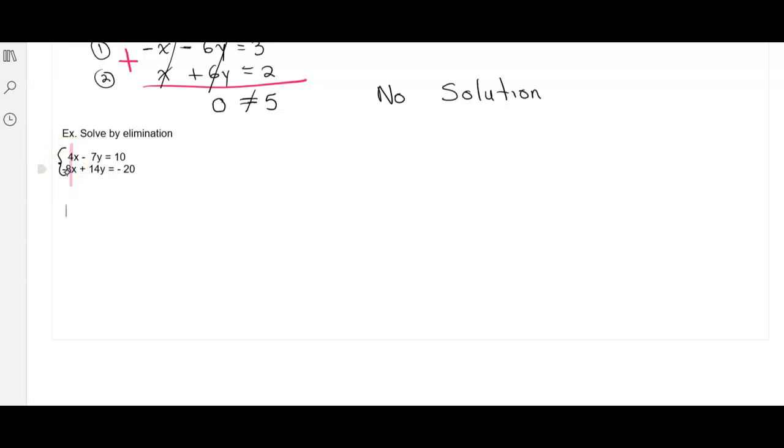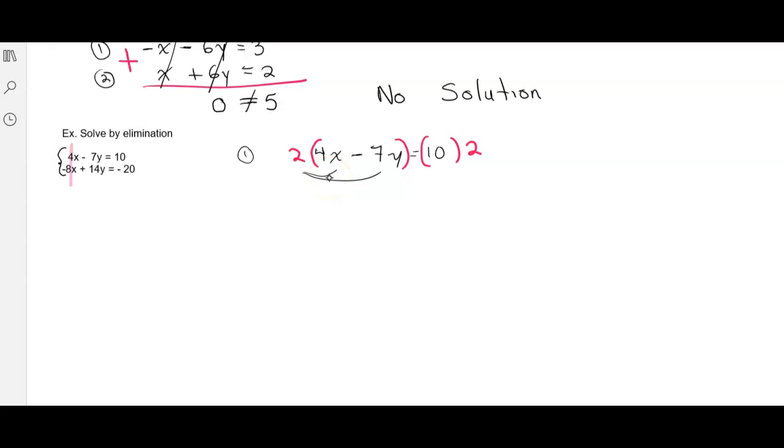One is positive 4, the other one is negative 8. That means we can multiply only one of them by 2, and that will give us positive 8 to make it opposite. So let me grab equation 1. In this equation 1, I'm going to multiply it by 2. Whatever I do on one side, I have to do on the other side.